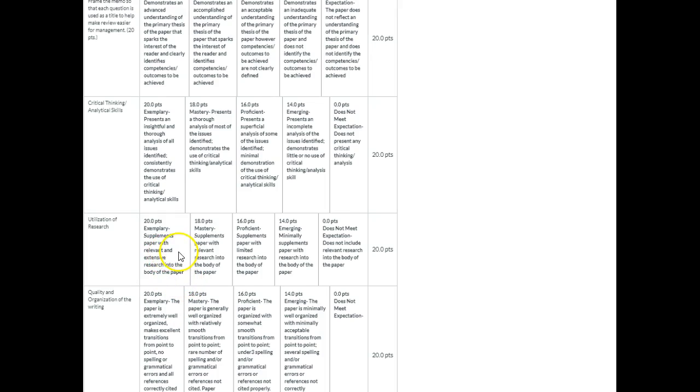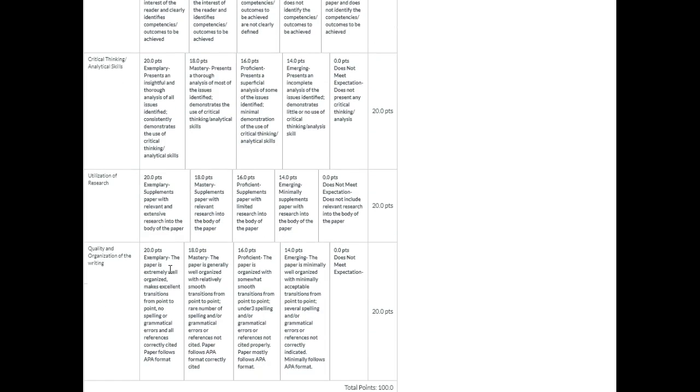It supplements papers with relevant and extensive research into the body of the paper. You want peer-reviewed scholarly materials. No Wikipedias. If you use a textbook, limit it to only one textbook, and mostly have peer-reviewed scholarly material.